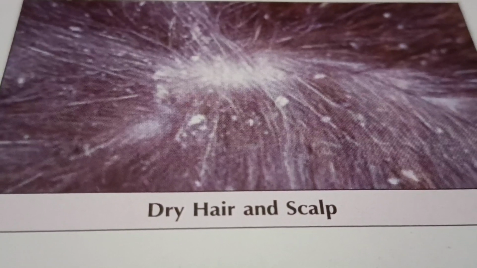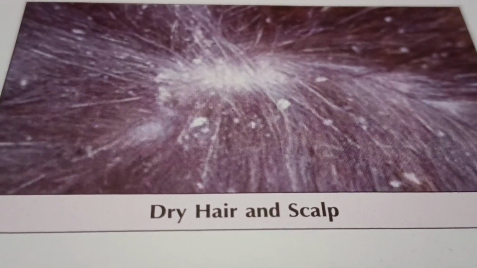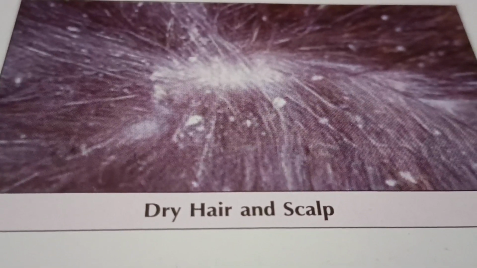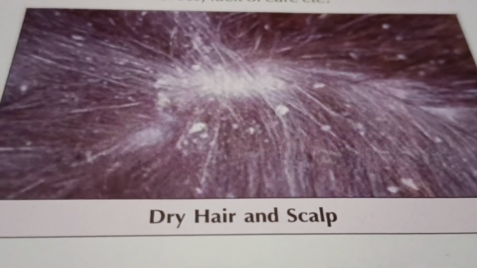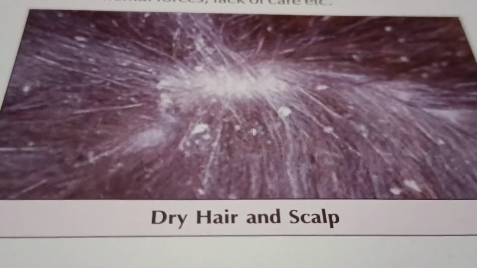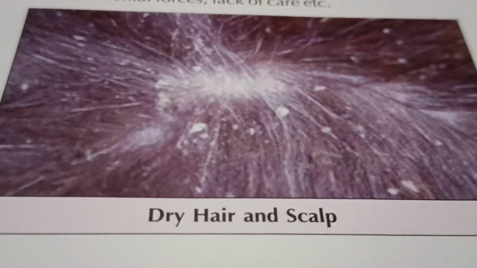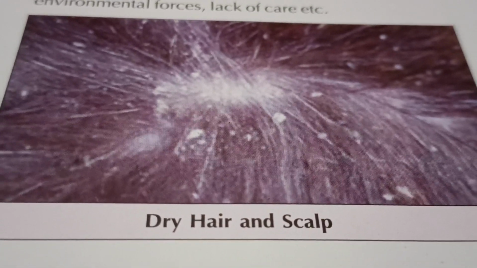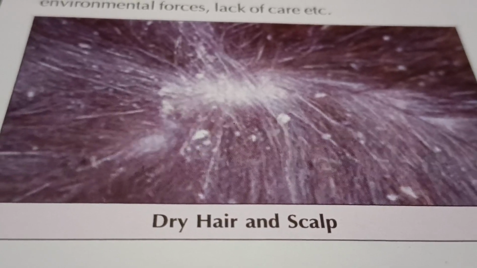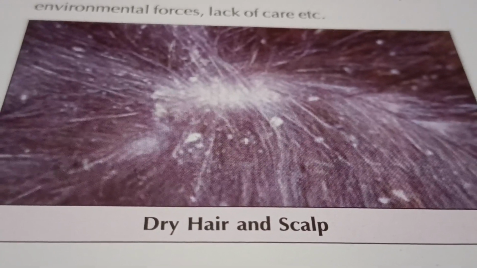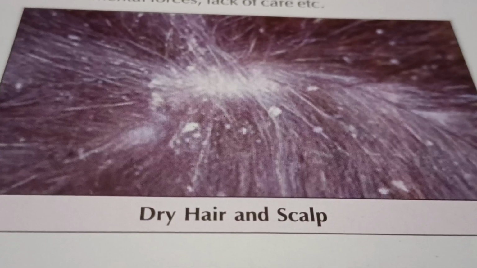It should be treated with products that contain moisturizers. Frequent shampooing, products with high alcohol, and excess use of thermal styling should be avoided. Other factors which affect dry hair and scalp are environmental factors, lack of care, etc.